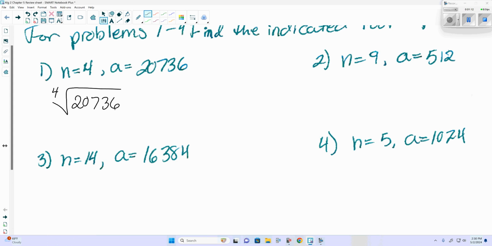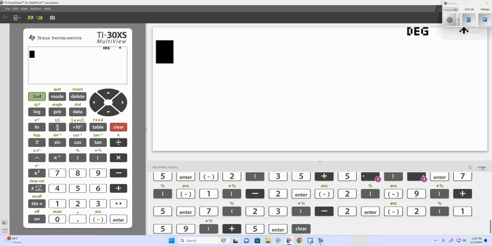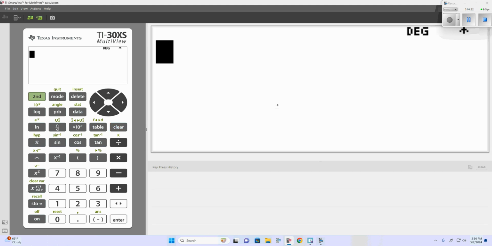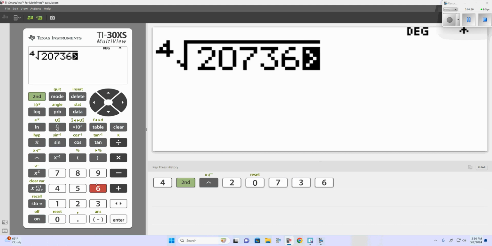So we can plug in the 4th root of 20,736. The 4th root of 20,736 is 12.